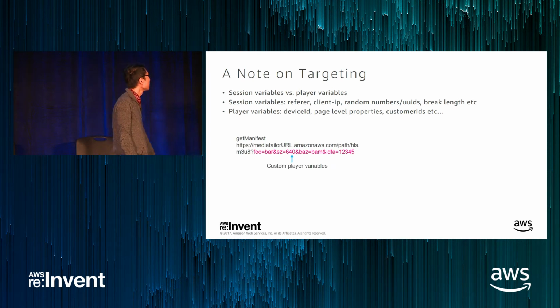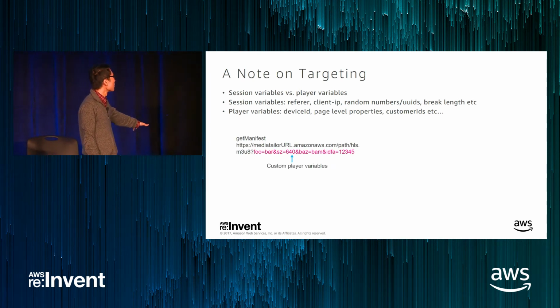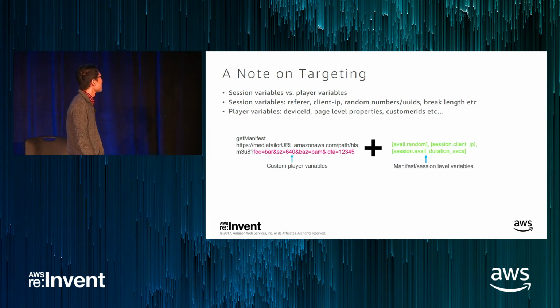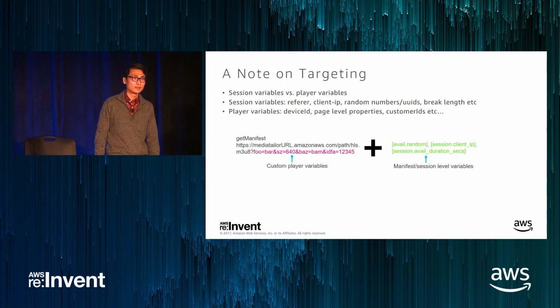So once again, you call that get manifest URL. You've included a bunch of custom player variables like foobar, BASBAM, IDFA, size, plus a bunch of session-level parameters that you can define beforehand in your configuration.